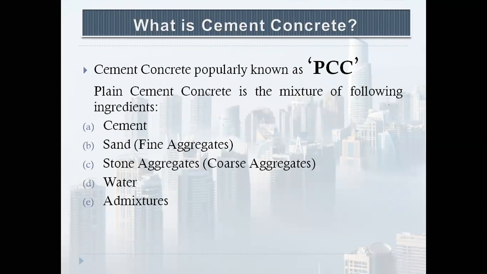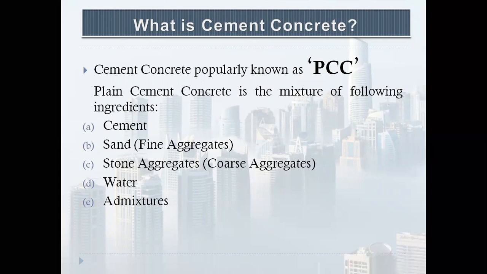There are 2 types of concrete. Today we popularly know PCC and RCC. PCC means the cement concrete which has only cement, aggregates, water and admixtures. Aggregates consist of 2 types: fine aggregates and coarse aggregates.